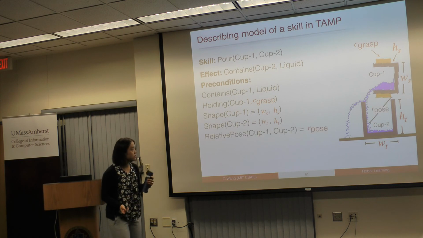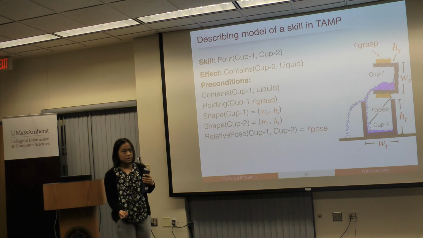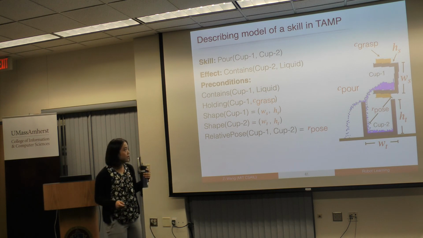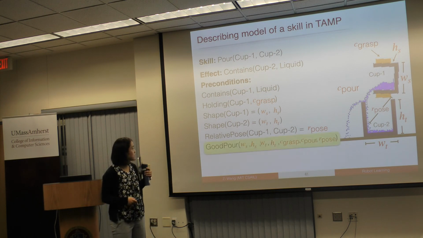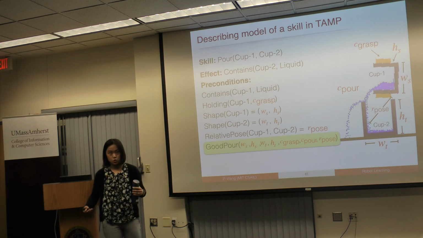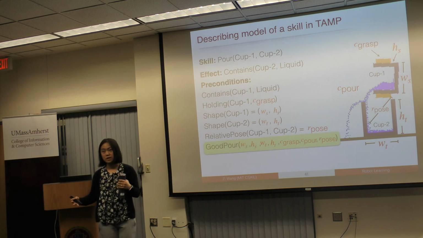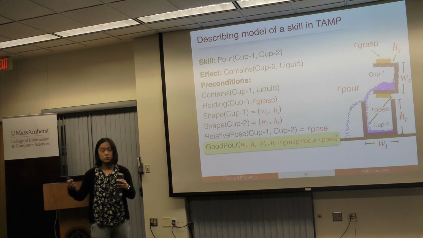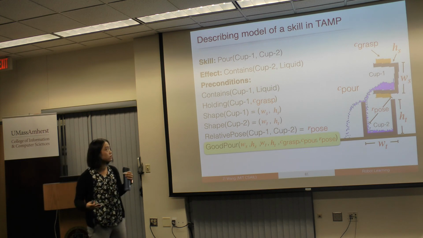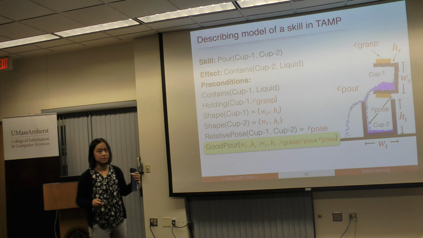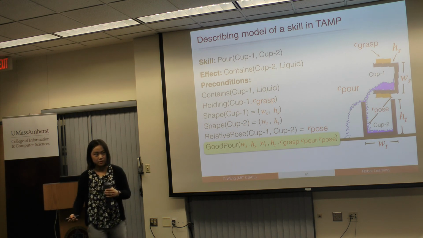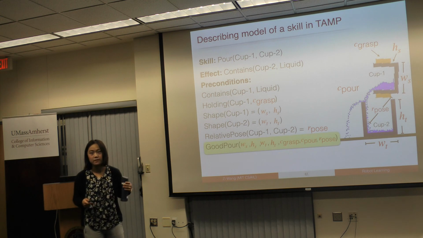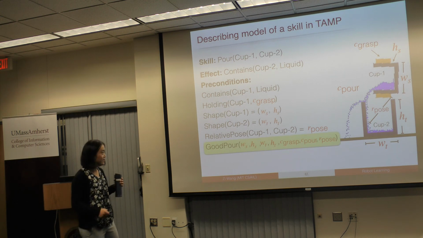The shapes of these cups, the relative poses of these cups, the control parameters for the pouring, and eventually some constraint on all these parameters, which basically specifies the relation that they need to satisfy in order to arrive at a pouring skill that achieves the desired effect. Okay. All right.